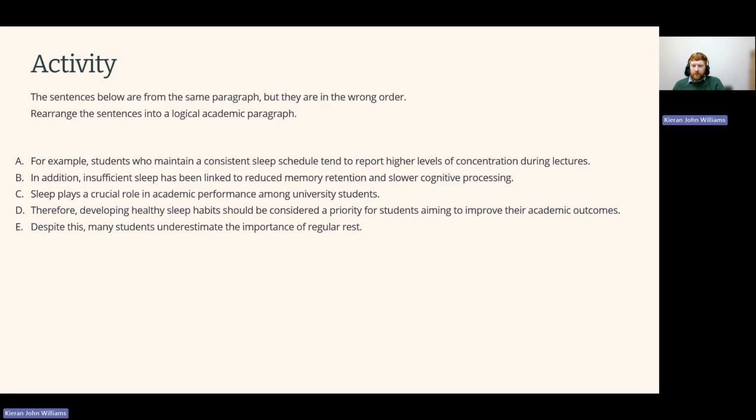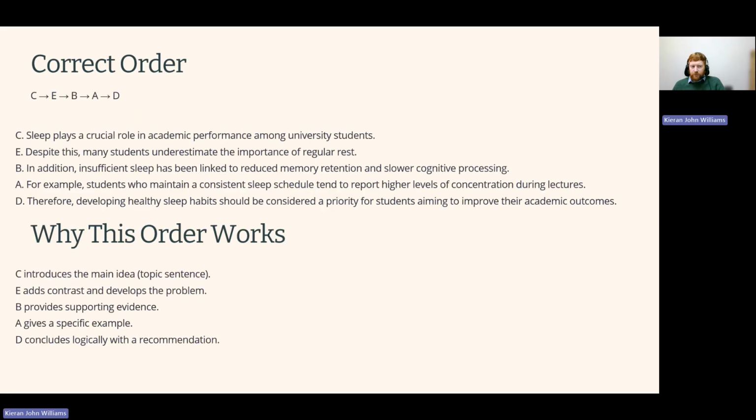Okie dokie. So your correct order here should have been C, E, B, A, D. The correct order begins with the topic sentence, introducing the main idea. So this is about sleep having a very important role in performance. It then develops the problem by also giving the opposite side.